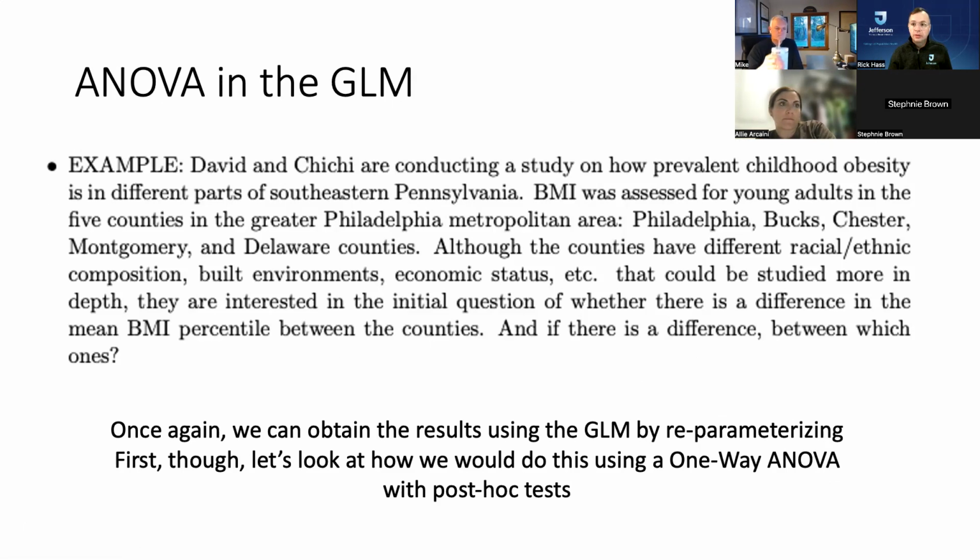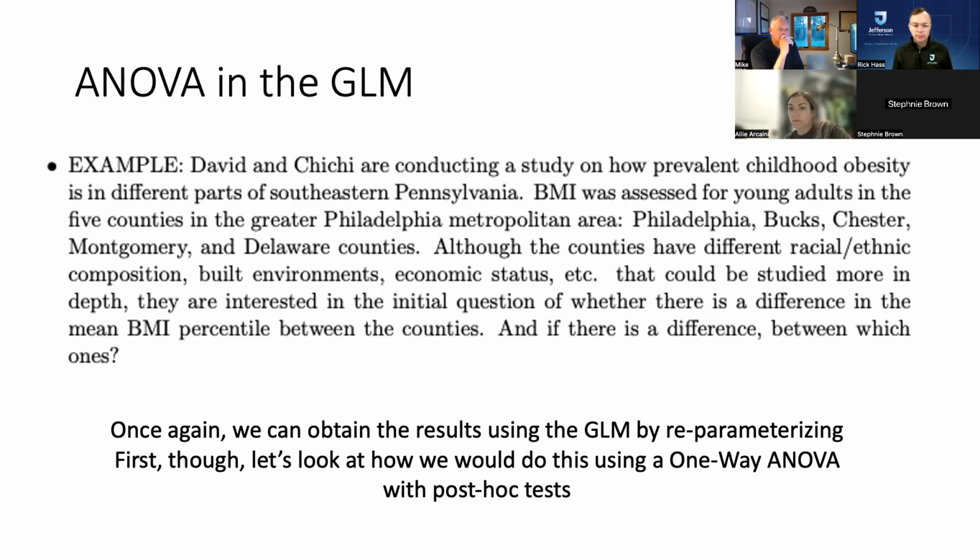We are not limited to binary categorical variables in regression. In fact, that would be crappy. So we're going to take a look at an example of where we might ordinarily use analysis of variance, which I've kind of skipped over to this point. So we'll talk about that in a minute.